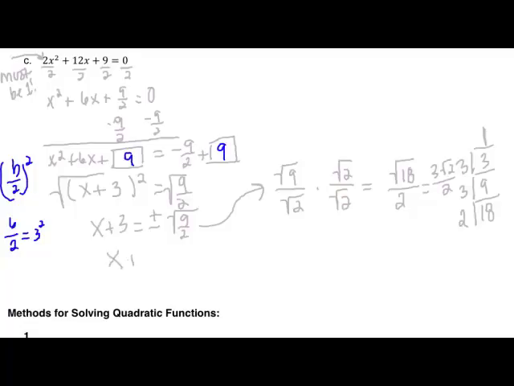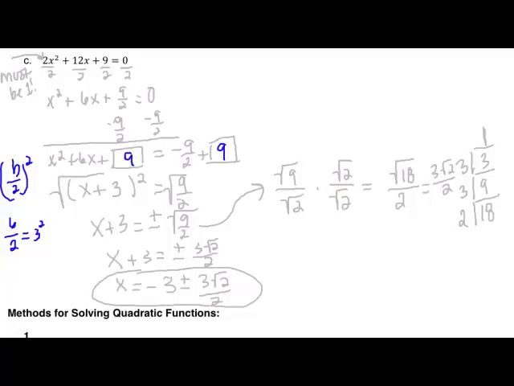So I have x plus 3 is equal to plus or minus 3 square roots of 2 over 2. And then lastly, I need to subtract 3 from both sides. So x equals negative 3 plus or minus 3 square roots of 2 over 2. And again, that is my final answer.